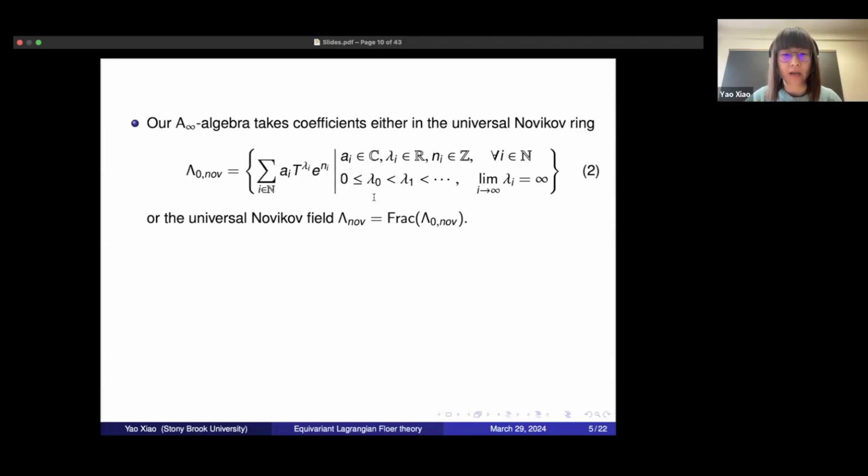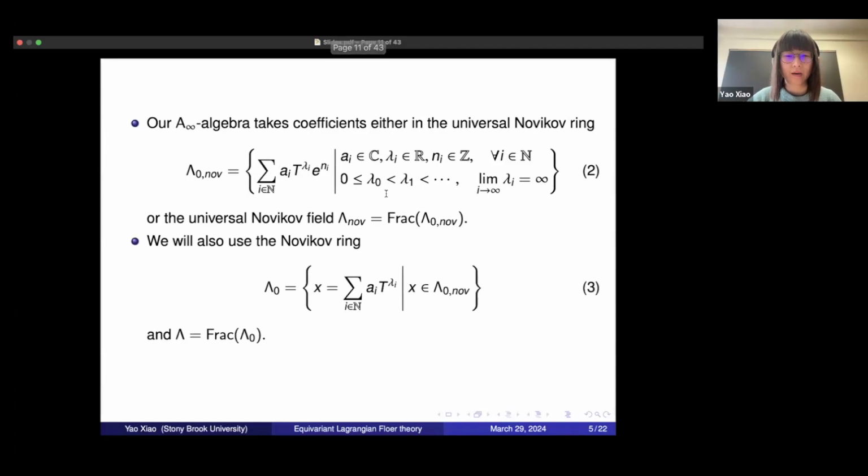We assume the series converges in the T-adic topology. This is the universal Novikov ring, which has this formal variable e, and the universal Novikov field is the fraction field of this universal Novikov ring. We might also use the Novikov ring without the variable e and its fraction field, so we drop the word universal in this case.